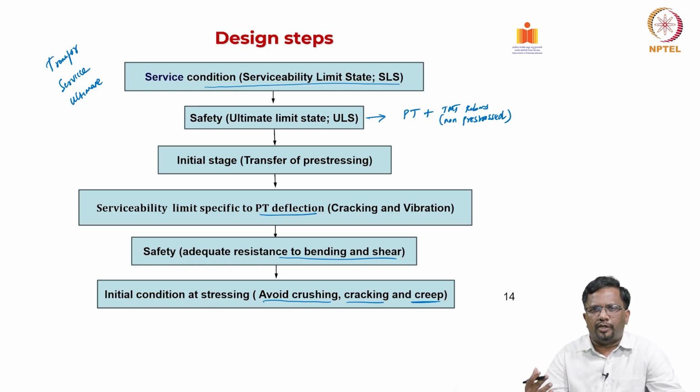Usually, the dimensions, the amount of pre-stressing and the cable profile come from your service conditions to satisfy your stress limits. Then you go ahead and check your ultimate strength. But in the process, after finalizing everything, we should also make sure that in all the stages you are satisfying the stress limits.